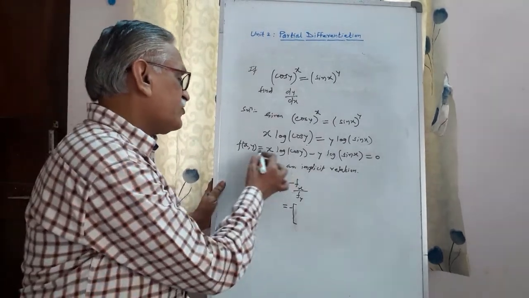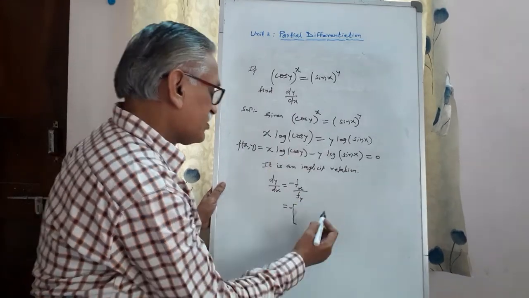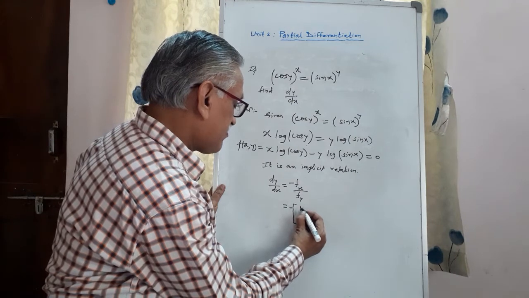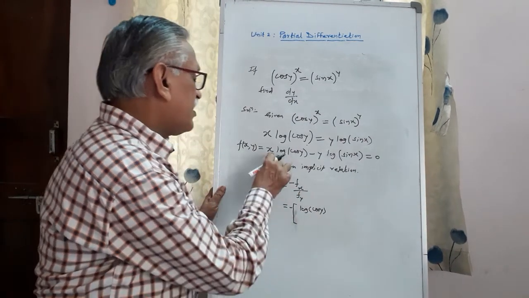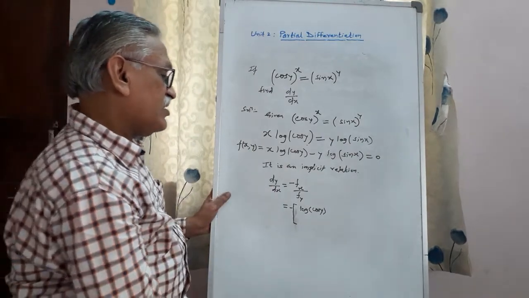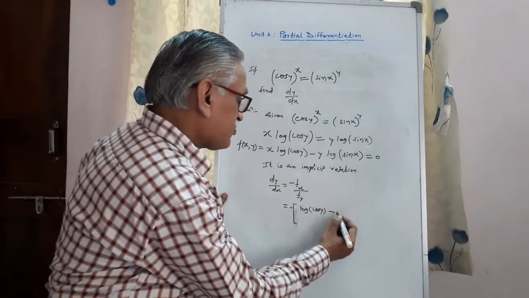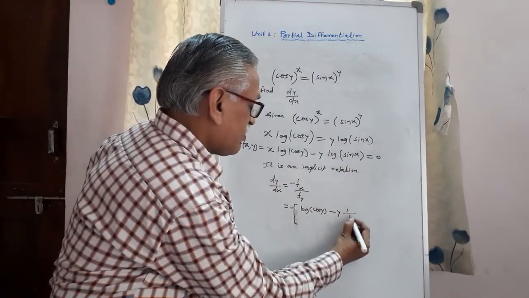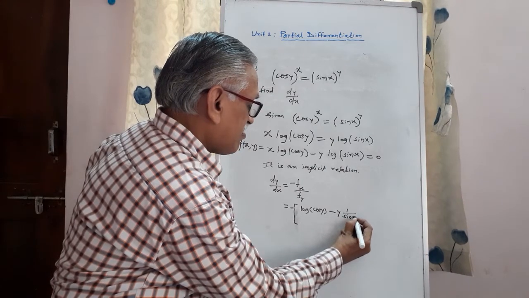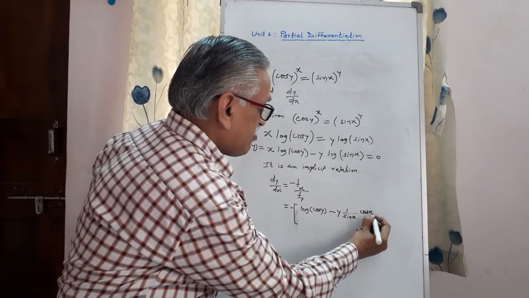Therefore, differentiating this with respect to x, keeping y constant, this term log cos y is a constant term. Derivative of x is 1. Then minus, here y is constant term outside, derivative of log is 1 by sine, and chain rule, derivative of sine is cos x.